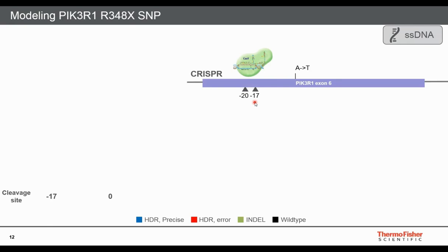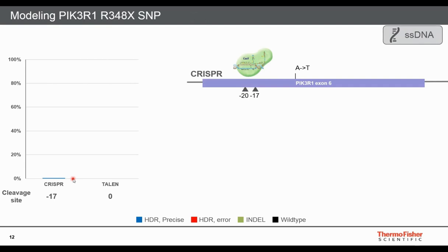And we see that there's two guides that are available at the -17 and -20 position. And when we look at our precise HDR for this -17 guide, we see that we get less than 1% knock-in rate using CRISPR-Cas9 and that guide RNA to try to do that specific SNP.